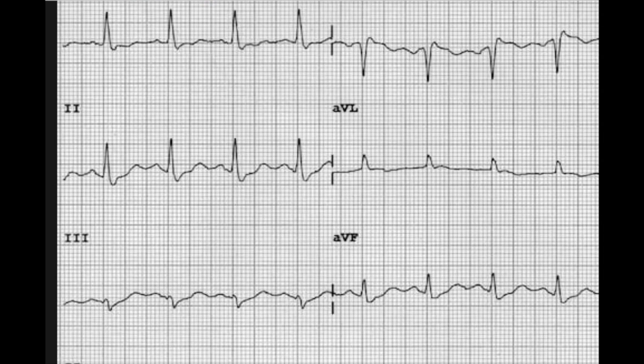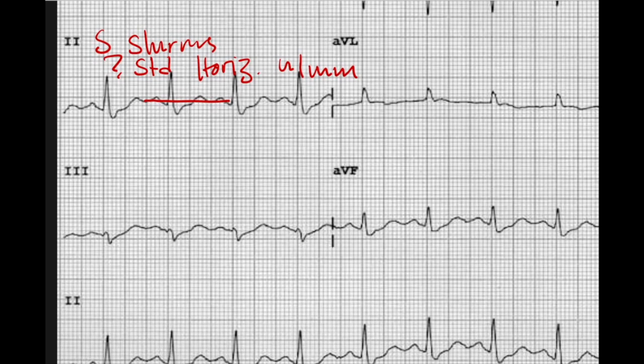Lead 2, positive P wave, I see a RS complex, a little bit of S slurring, maybe a little bit of ST depression, it's horizontal, it's about 1 millimeter, and my T wave is good. Lead 3, I see a positive P, I see an RS complex, no ST, and I see a positive T, so I'm good.